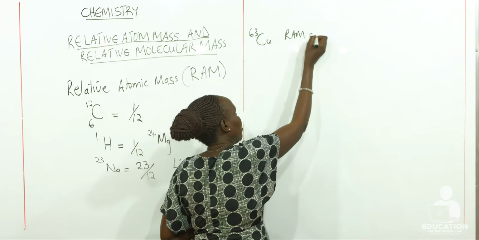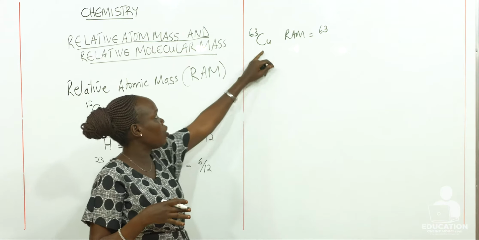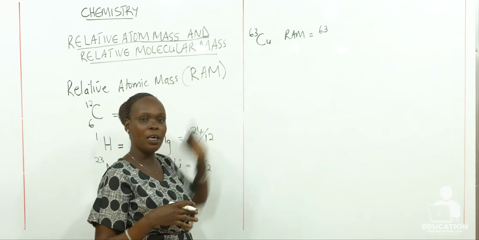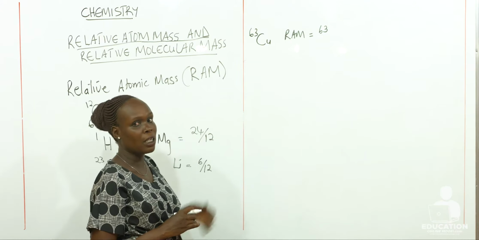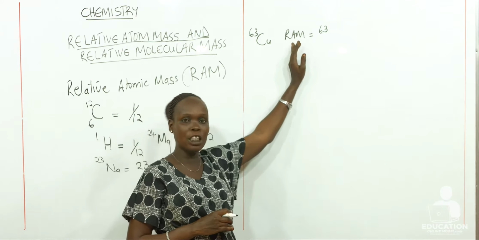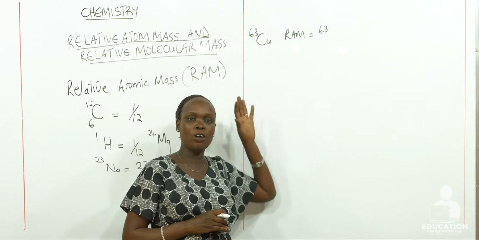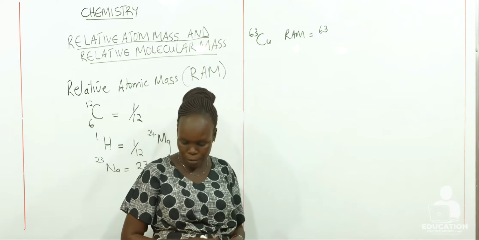So here we are comparing it to carbon. It means we are seeing that copper is much heavier than carbon. So in this case, we shall say that copper is much heavier than carbon by relating it to the atoms or to the mass number of carbon 12.